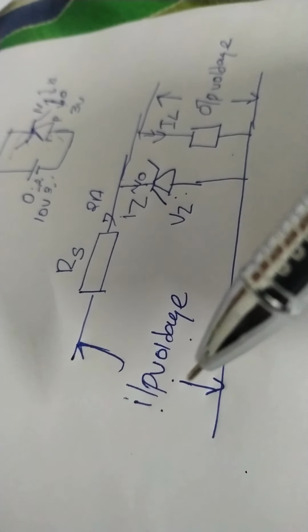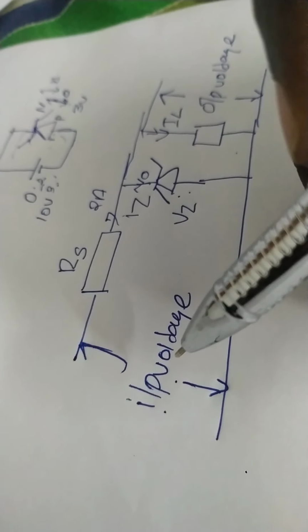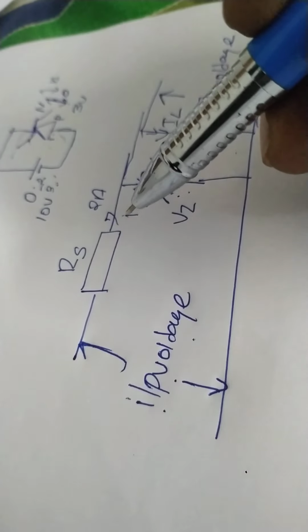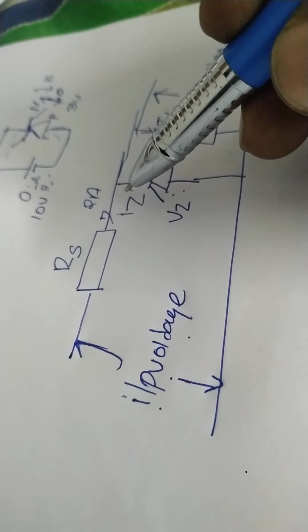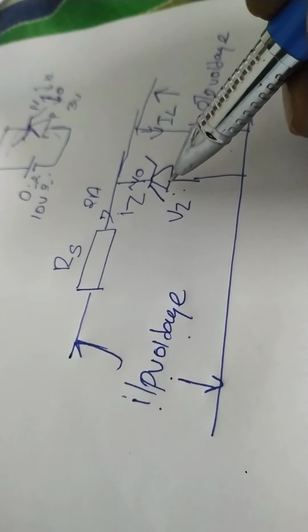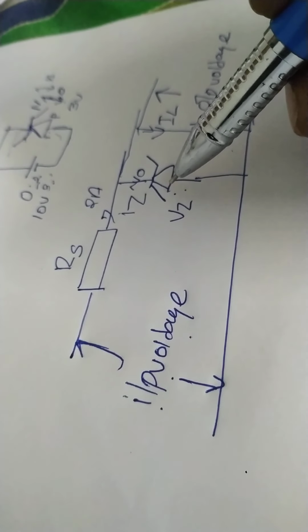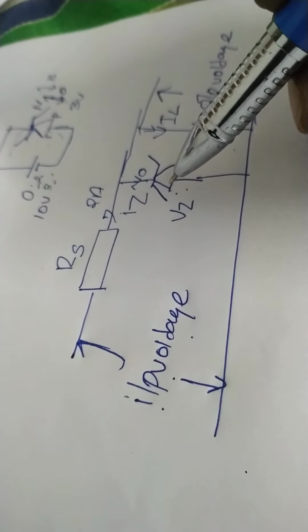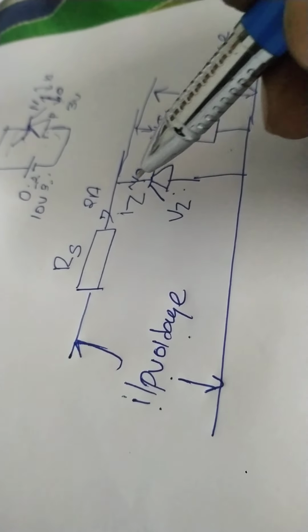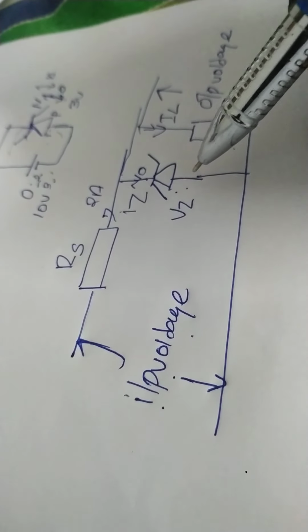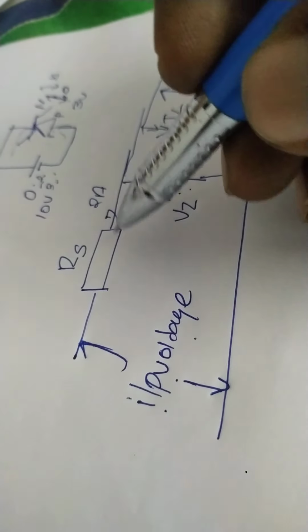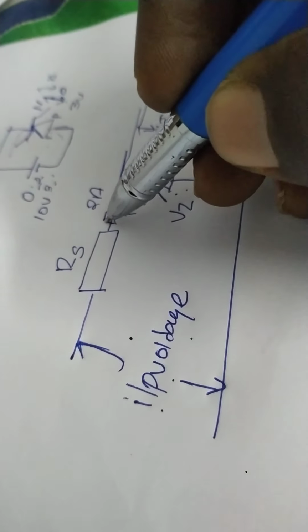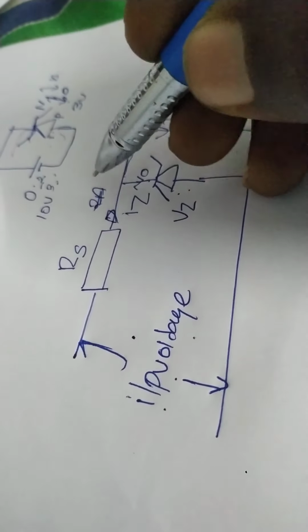When the input voltage suddenly increases, what happens? The voltage across increases beyond 3 volt or the breakdown voltage. The current through the Zener diode increases. For example, here 10 volt comes, here gets 10 ampere.